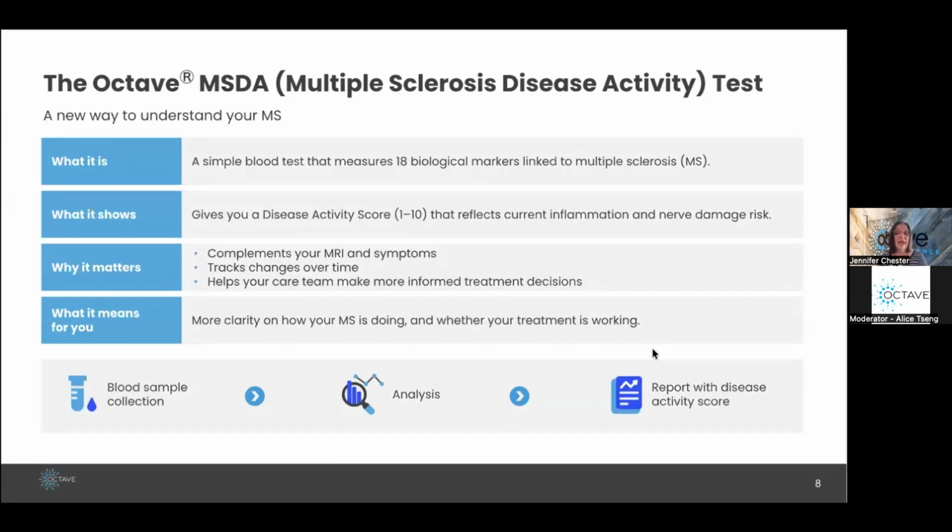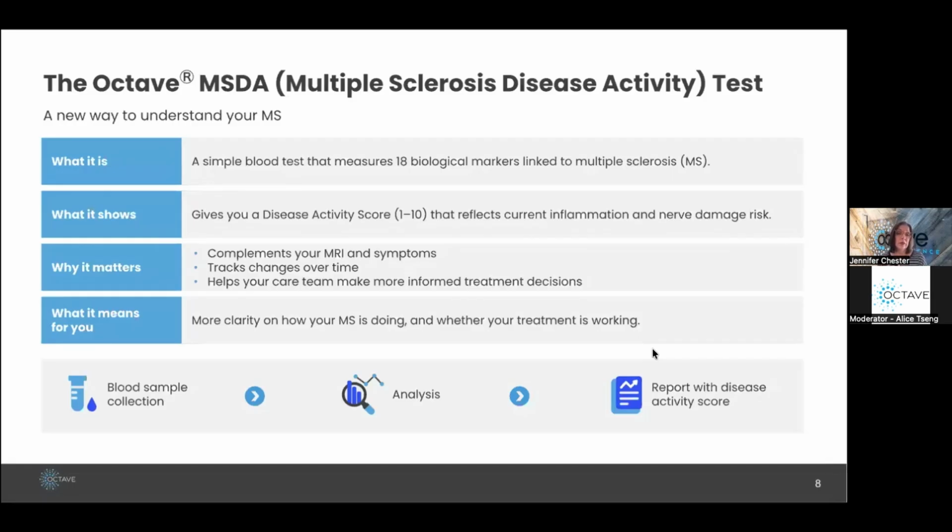These proteins have been analyzed and studied in depth, and we know they correlate with disease activity. So it's going to give a score. We're going to run these 18 proteins, we get values, and I'll show you examples of that.